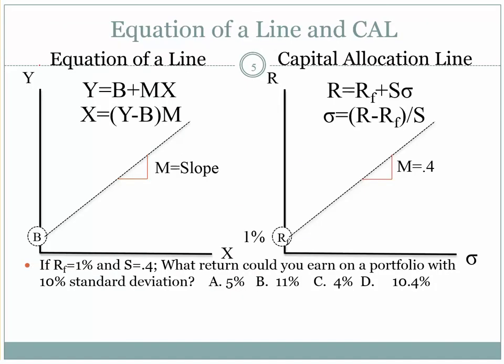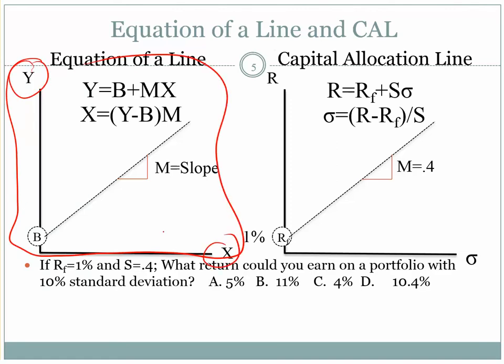You may have remembered from remedial or introductory algebra the equation of a line. If you have a y-axis and an x-axis, a y-intercept b, and a line that extends from the intercept with slope m, we say that y equals mx plus b.